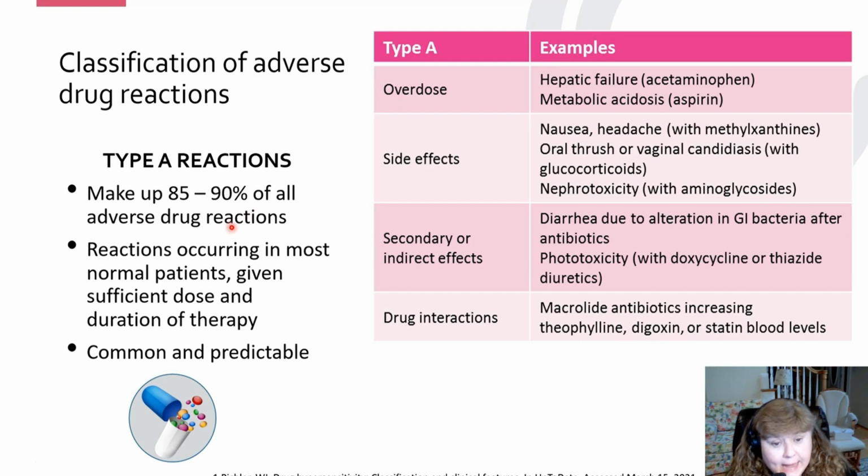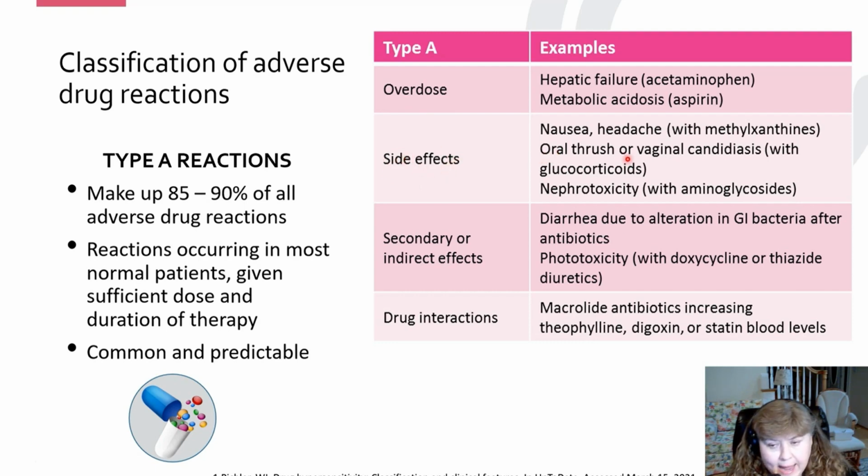So these are type A reactions. Type A reactions make up about 85 to 90% of all adverse drug reactions. These are reactions that occur in most normal patients. If you give them too much or you give the drug long enough, then you can see these kinds of reactions. They're very common and very predictable. It would be something like an overdose or possibly side effects.